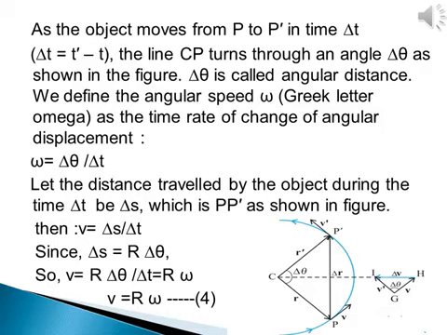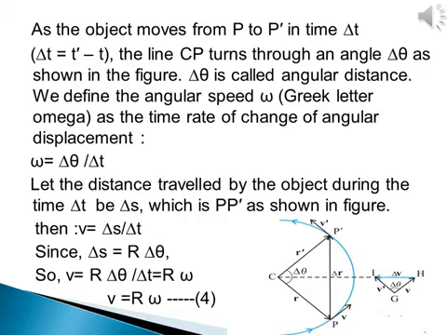As the object moves from the position P to the position P dash in the time interval Δt, that is t dash minus t, the line CP turns through an angle Δθ as shown in the figure. So, Δθ is called angular displacement. We define the angular speed ω as the time rate of change of angular displacement.